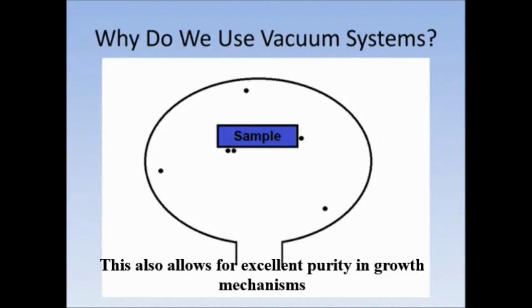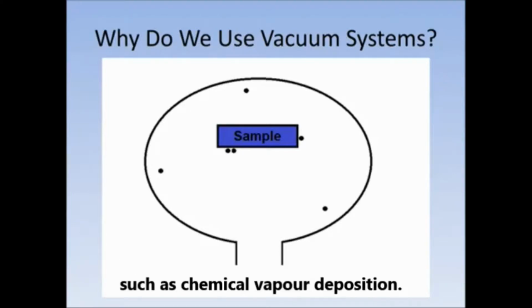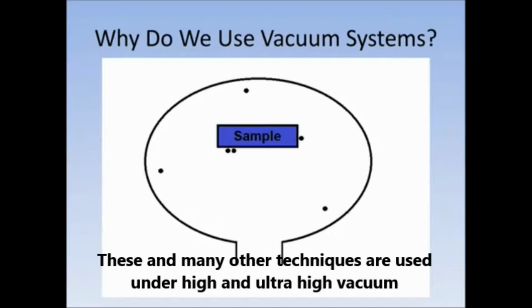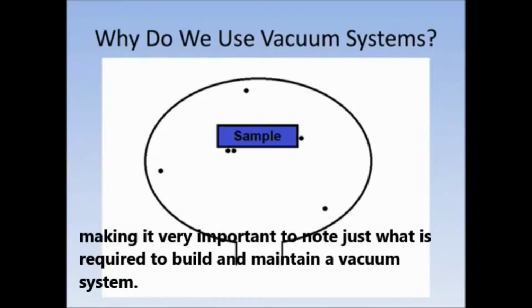This also allows for excellent purity in growth mechanisms such as chemical vapor deposition. These and many other techniques are used under high and ultra-high vacuum, making it very important to note just what is required to build and maintain a vacuum system.